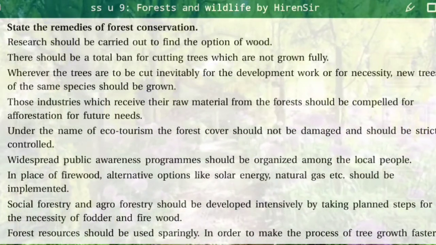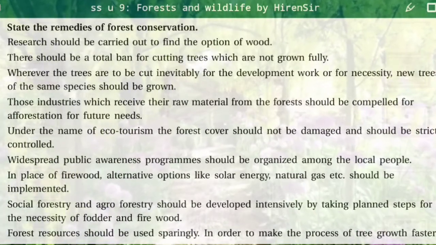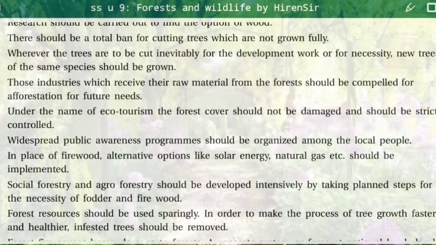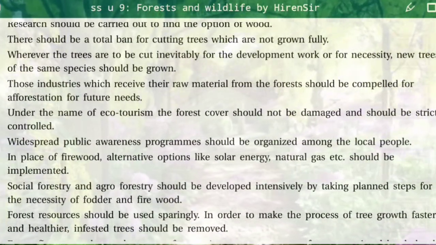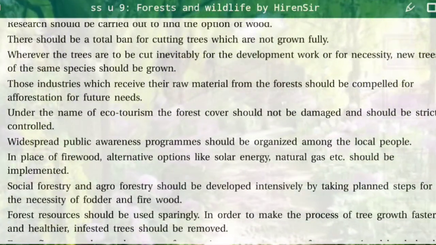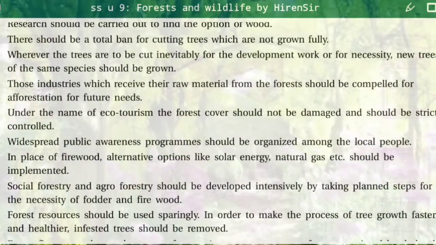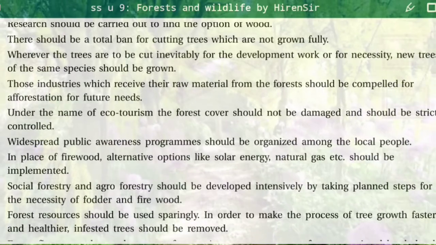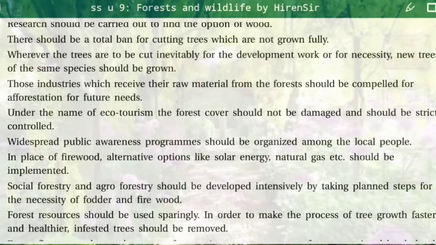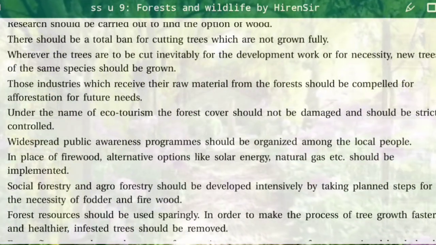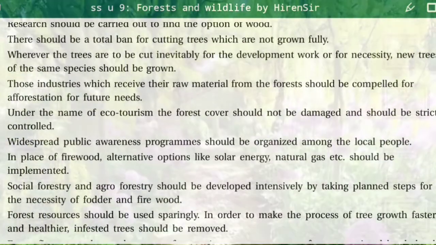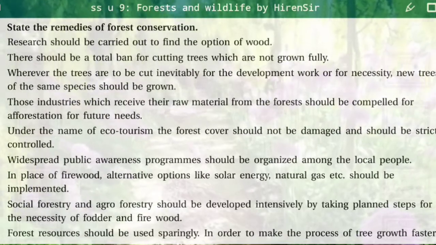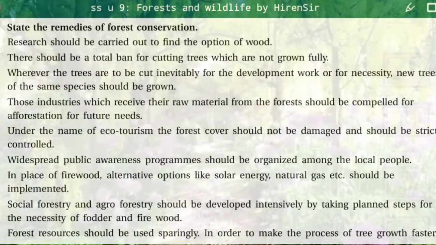Because of deforestation, the quantity of carbon dioxide in the atmosphere increases and the greenhouse effect becomes more intense, and with the forest cover removed the soil is eroded and farm fertility decreases day by day. So it is necessary for all of us to adopt remedies for forest conservation.